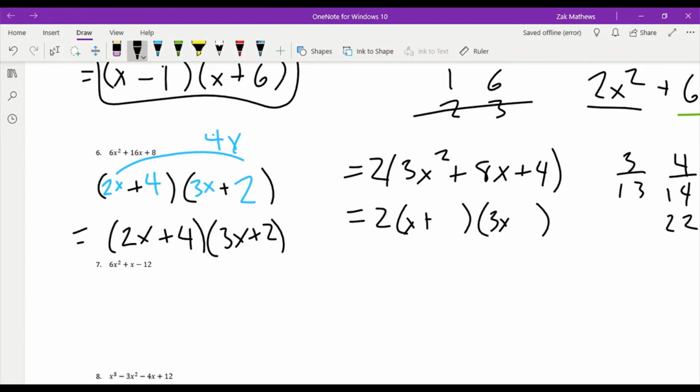I'm not 100% sure on those second factors. So let's try the 2 and the 2, and when I plug those in, I'd get 2 times x is 2x, and then 2 times 3 is 6, and 6 and 2 give me 8x. So I'm not writing out those inners and outers this time, but we get the correct answer, and so this is my answer.